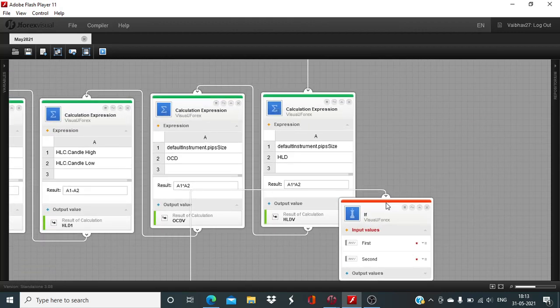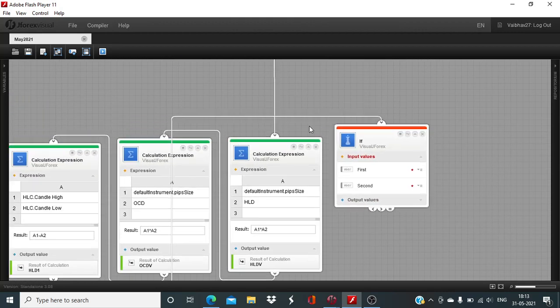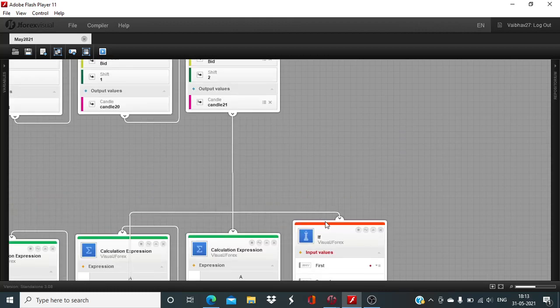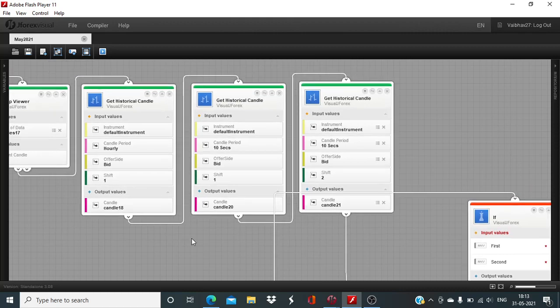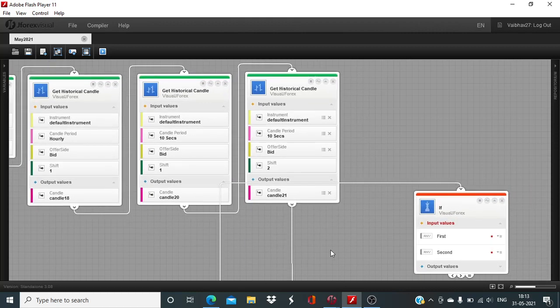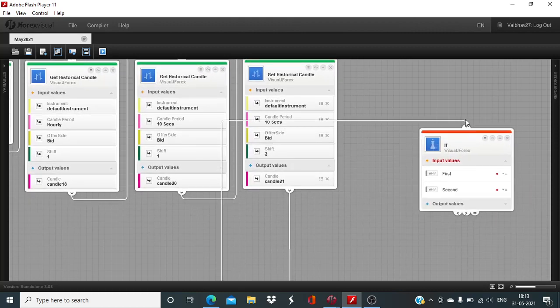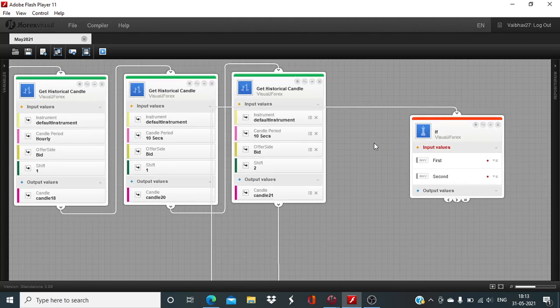With these conditions in place, all we need to do is place the order as and when we see the price starts to rise above the last hour's closing price. So now we need to compare candle 18, candle 20 and candle 21's closing prices.